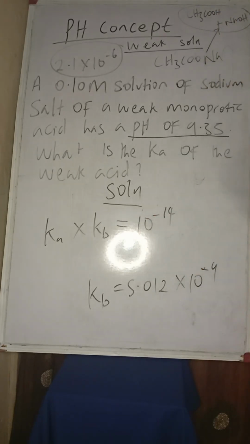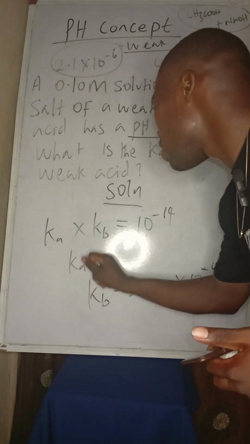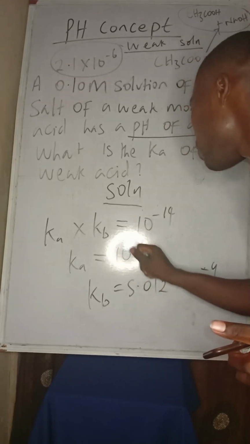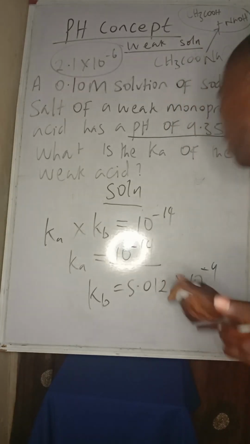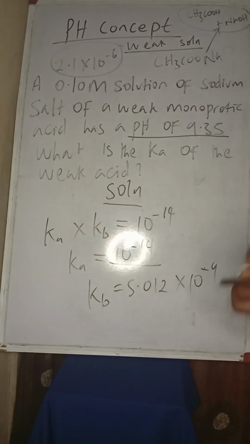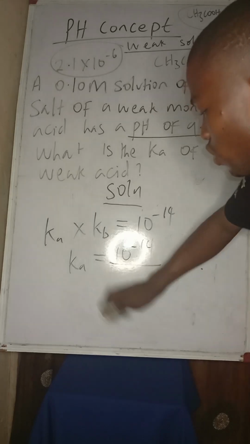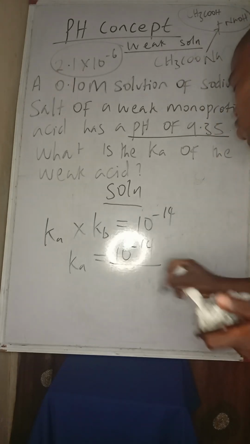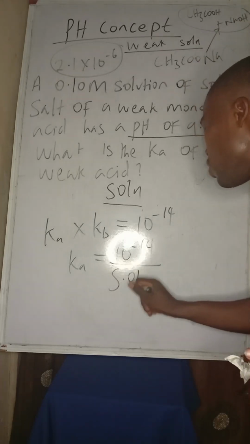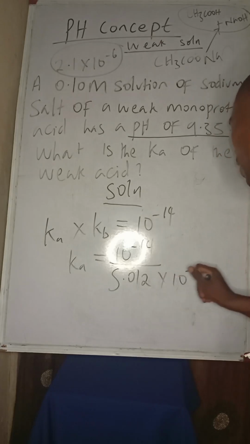So I can get Ka now. Ka is therefore 10 to the power minus 14 over Kb. So I have my Ka to now be 10 raised to the power minus 14 over 5.012 times 10 raised to the power minus 9.